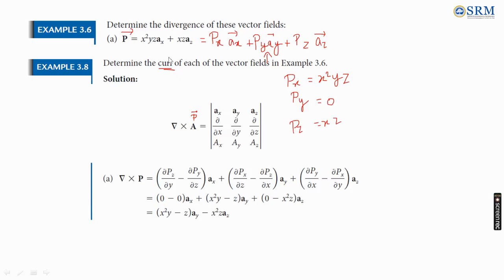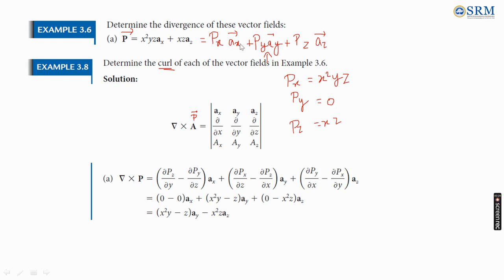Let us see how to find the curl of a given vector field. In the previous session, we were given a vector P, and we are using the same question here. We were asked to find the divergence, because curl and divergence can be found only for a vector quantity. Now we are using the same question, and we are going to find the curl of the vector. So how will I write a vector in Cartesian?